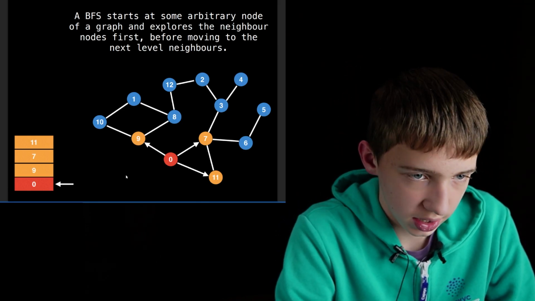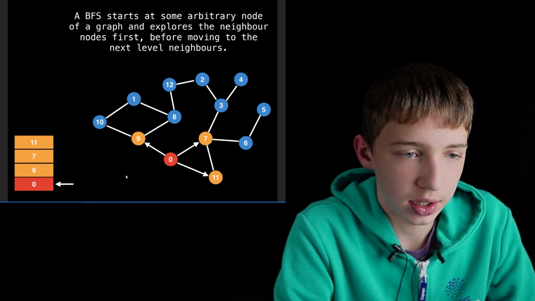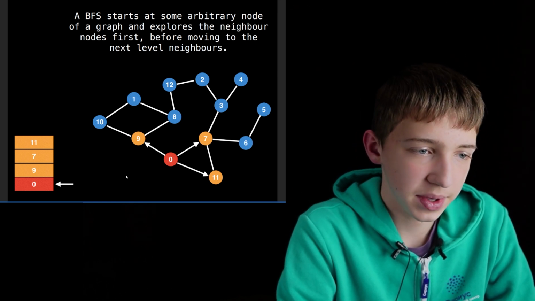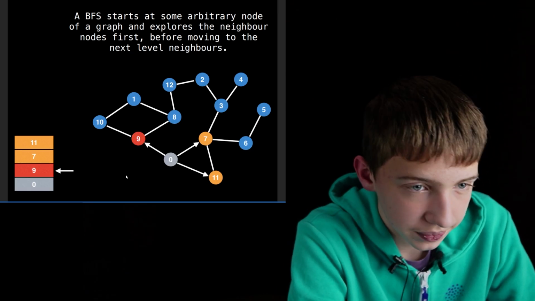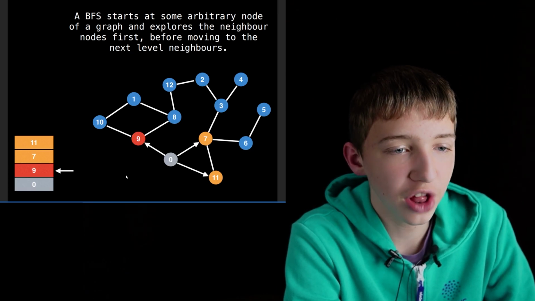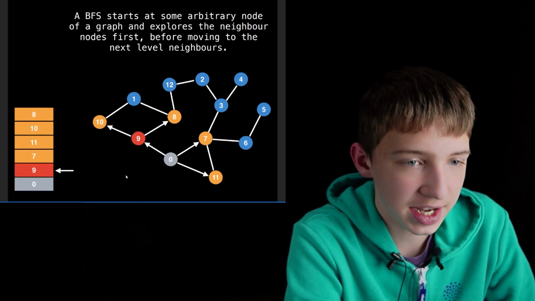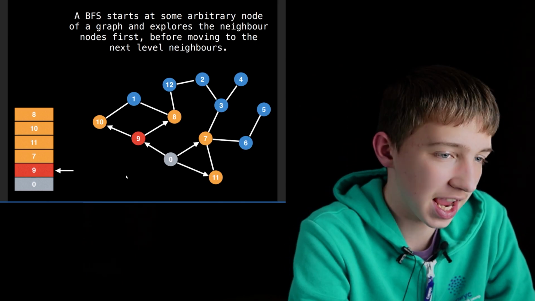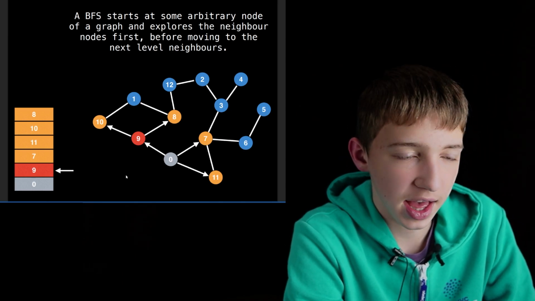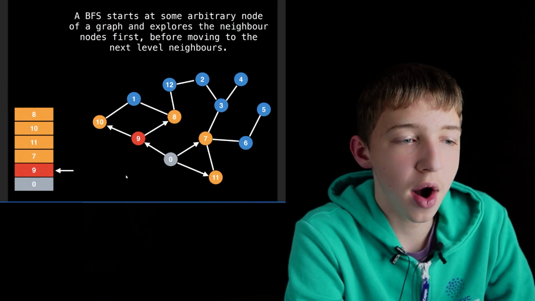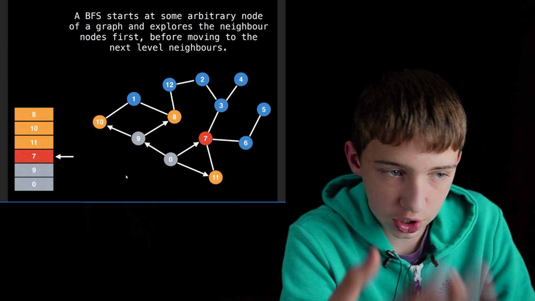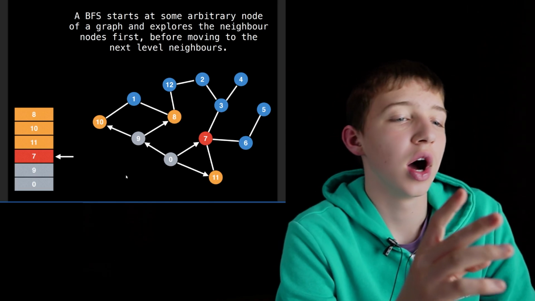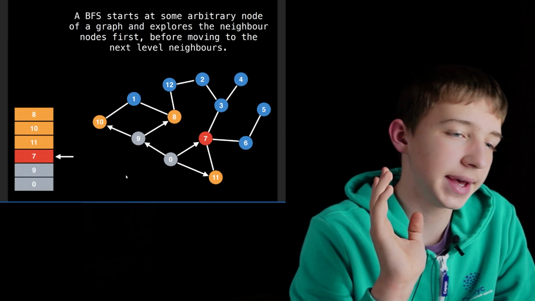We go to the next element in the queue, that is 9. We traverse all of the neighbors of 9, that is 10 and 8, and as we have passed through all of them, we pop 9 from our queue and go to the next, that is 7.